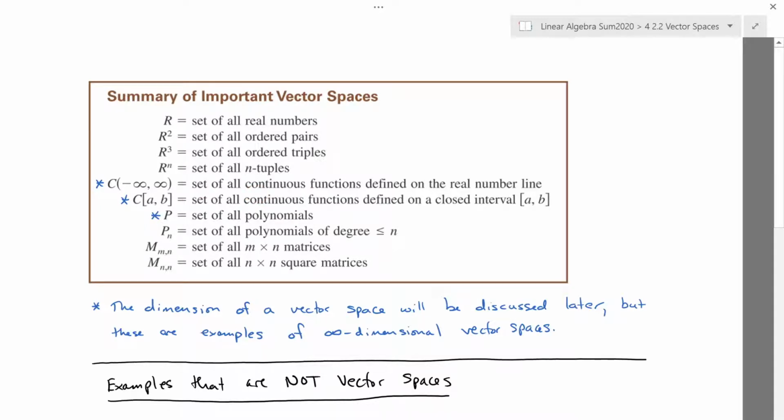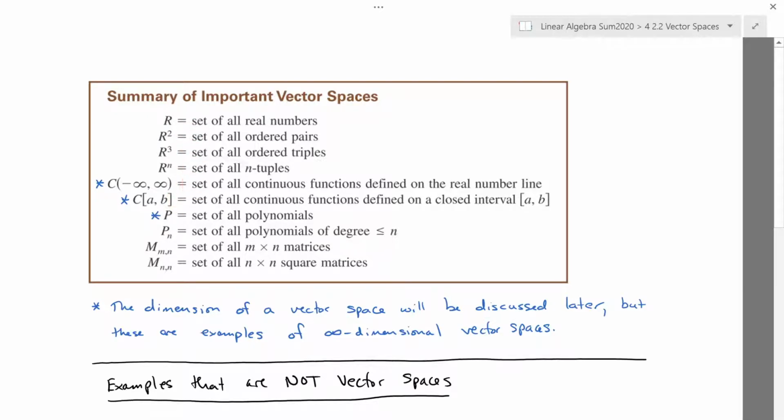But one thing to be careful about these three particular spaces, the vector spaces of continuous functions, or the vector space of all polynomials. We haven't really discussed what the dimension of a vector space is, but when we do, these three vector spaces are examples of infinite dimensional vector spaces.